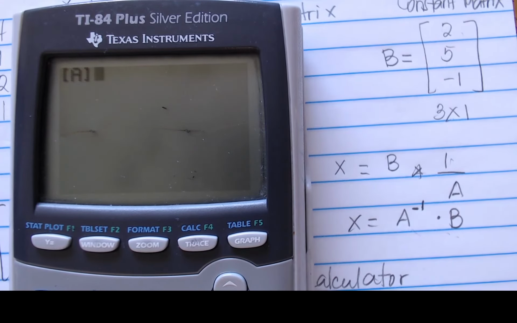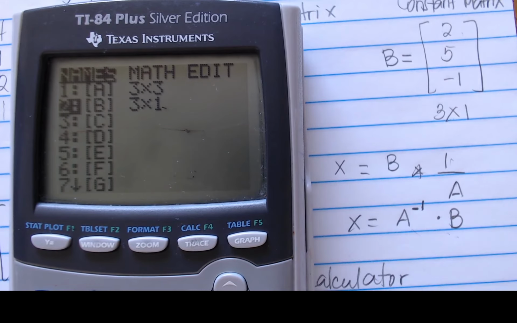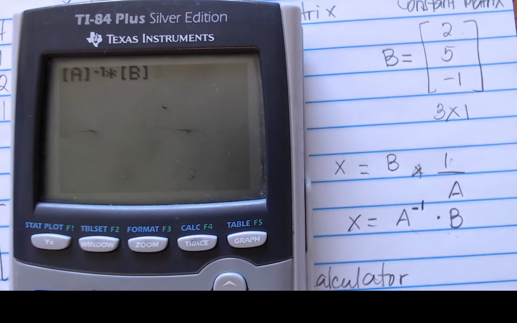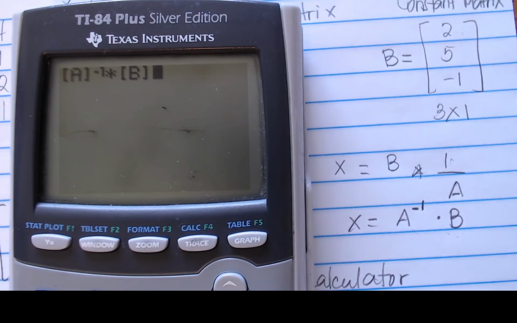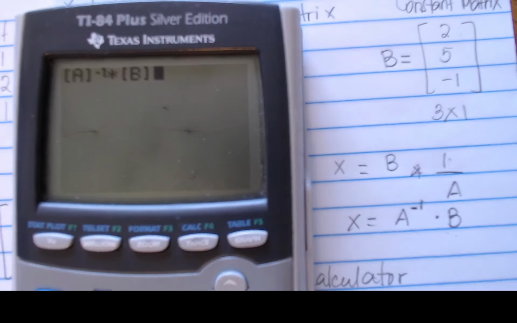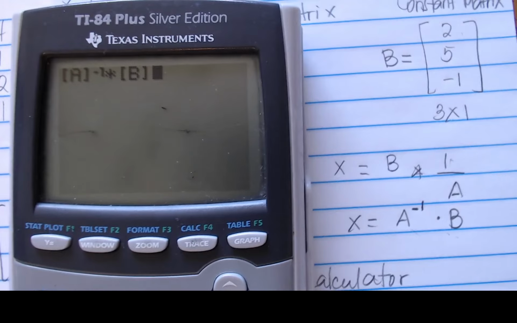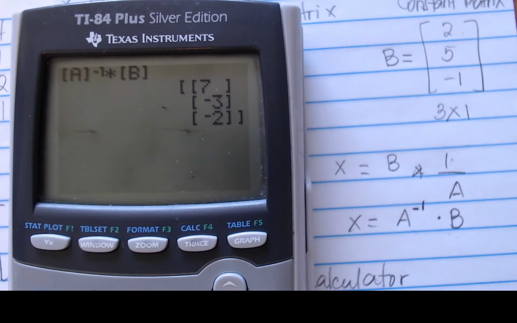Then inverse of that, press x raised to negative 1, then times matrix B. So go back to matrix, pick up your matrix B. You have to let the calculator pick up matrix B. Do not type in B because it won't recognize that.